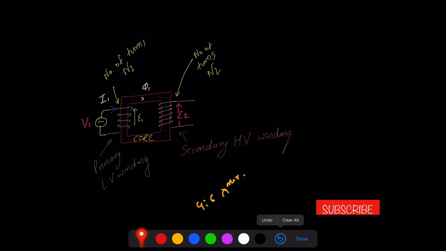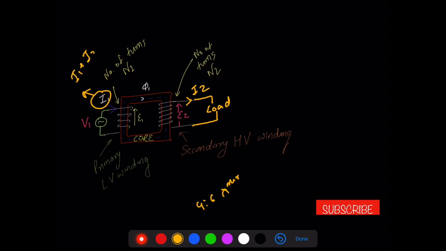Here I'm going to connect whatever load I need. As soon as I connect the load here and it draws a current I2, the primary current is going to increase to I1 plus I2 dash. This is how the transformer works.